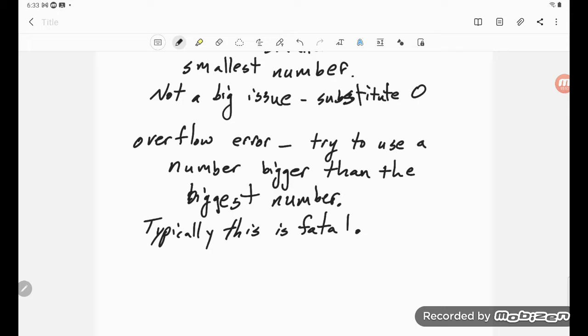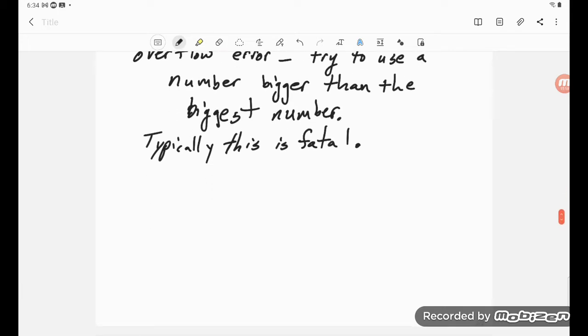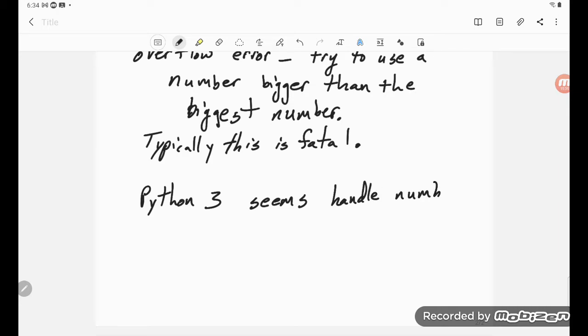Now, within Python itself, I've played a little bit with this, and actually, I'm not sure exactly. Python 3 seems to handle numbers bigger and smaller than the max and min.